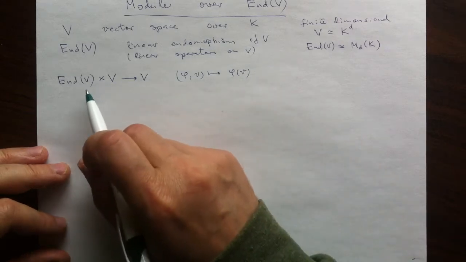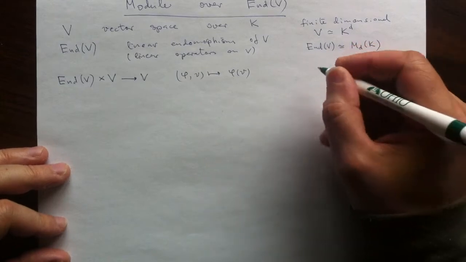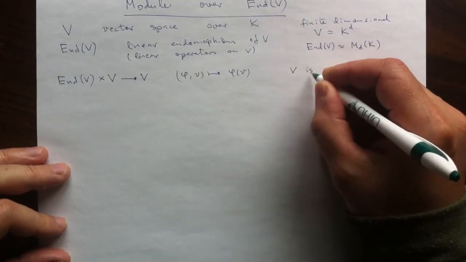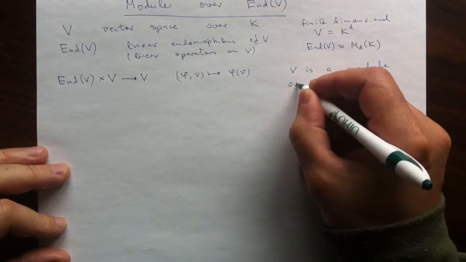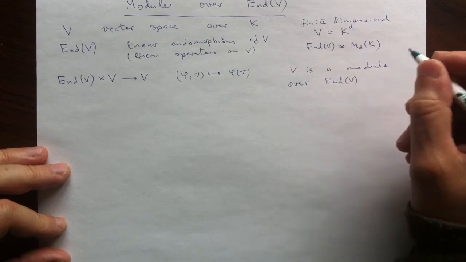It is a good exercise to verify that this satisfies the axioms of module, so it makes V a module over this endomorphism algebra.